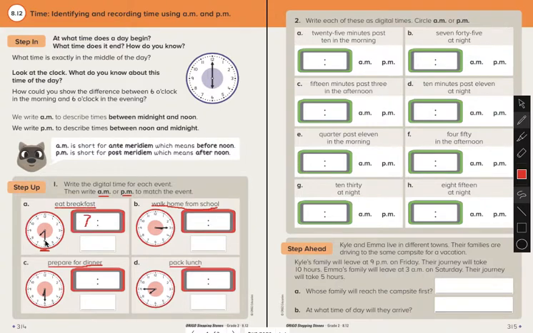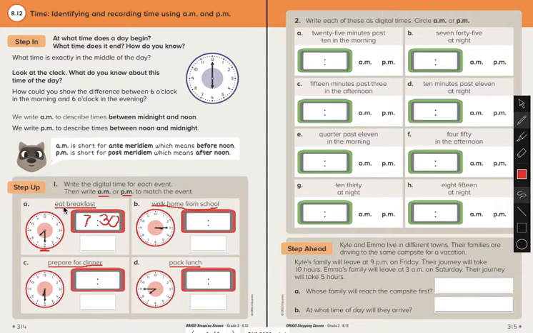Now let's look where the minute hand is. The minute hand tells us what we put for the minute part, on the right-hand side of the colon. It's on the 6, which we know in a snap means 30. So this time says 7:30.